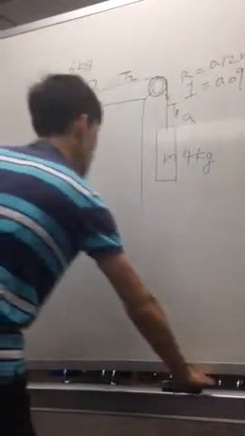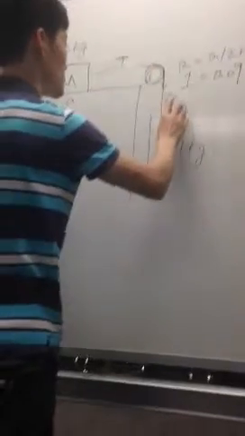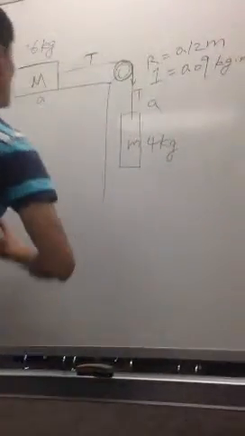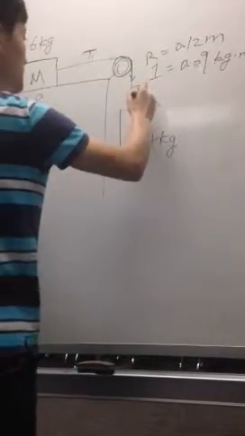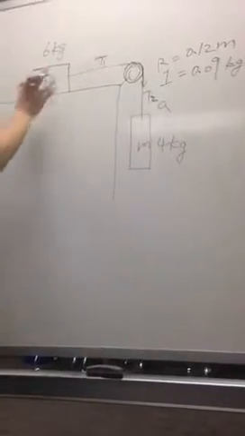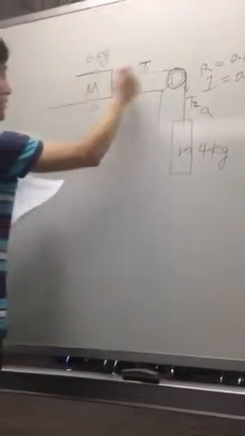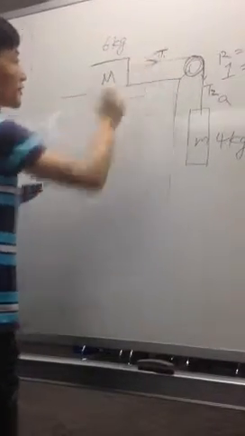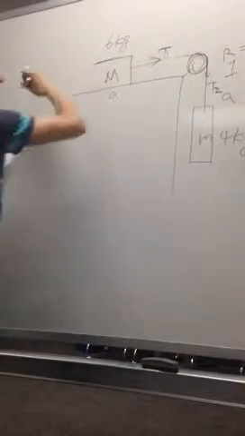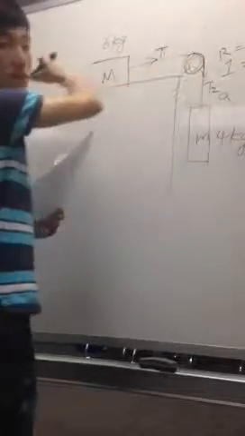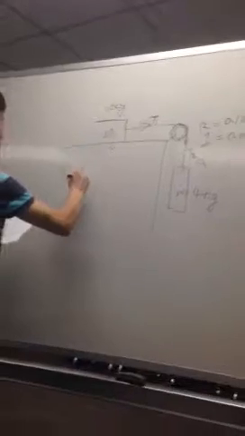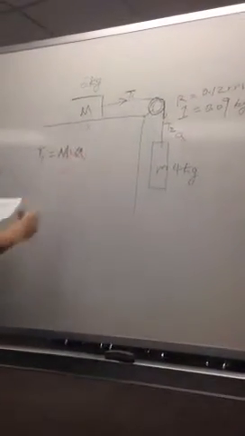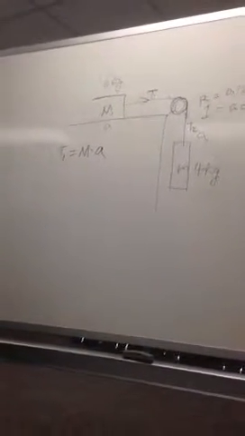Let me put T1 here and T2 here. For this object, it's moving towards this side, right? There's only one force on the x-axis, and T1 is equal to M times the acceleration, right? So that's the first one.